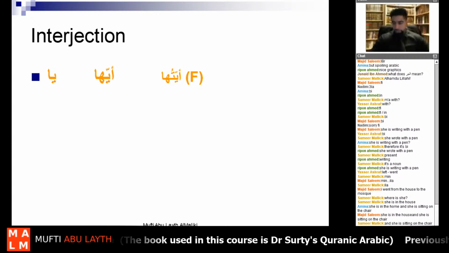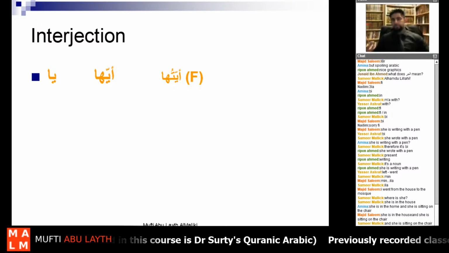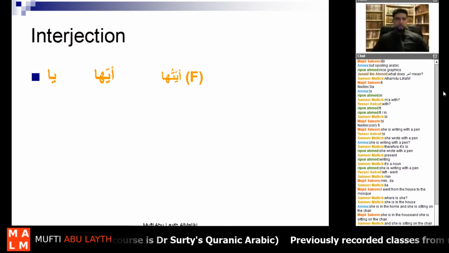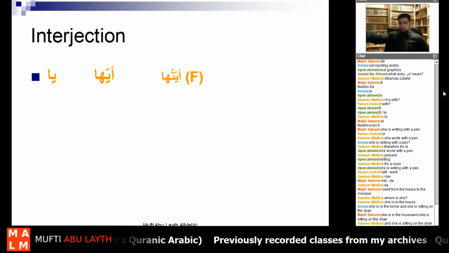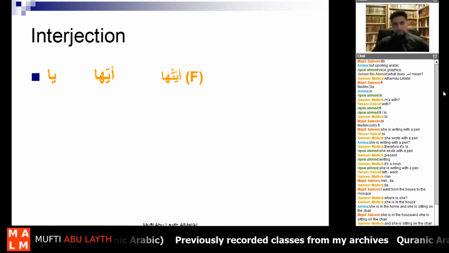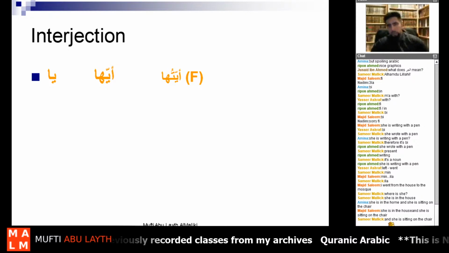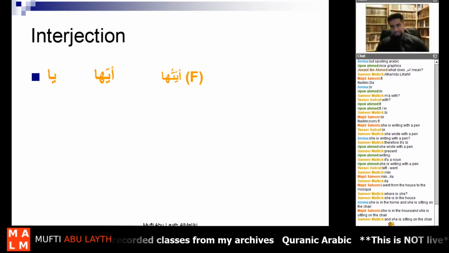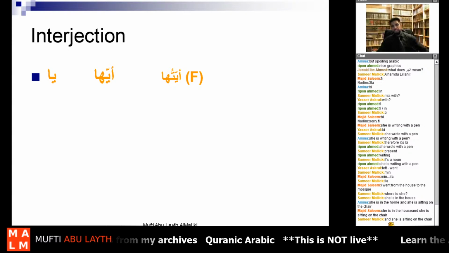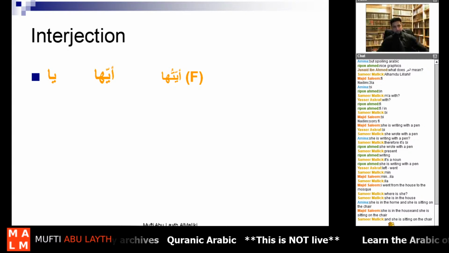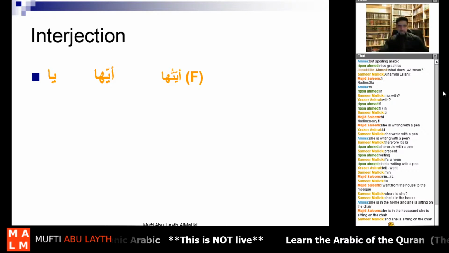These are particles for calling out, for saying oh. I know we don't really say oh so much in English, but if we were to call out to somebody, we'd say oh you over there. In Arabic we'd have more like oi, yo, what's going on? But officially we can't really say yo or oi, can we? So ya is what we have in Arabic. Ya, ya Allah.